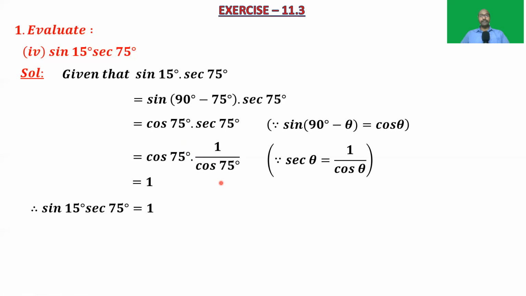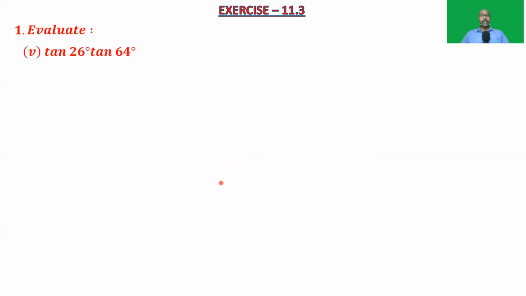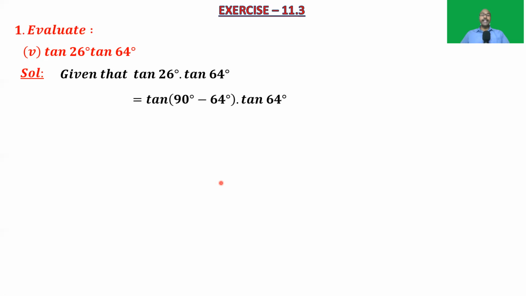Take another one. Tan 26 degrees into tan 64 degrees. Once again, we have complementary angles here. So change tan 26 degrees as tan 90 degrees minus 64 degrees, which is of the form tan 90 degrees minus theta and is equal to cot theta, that is cot 64.